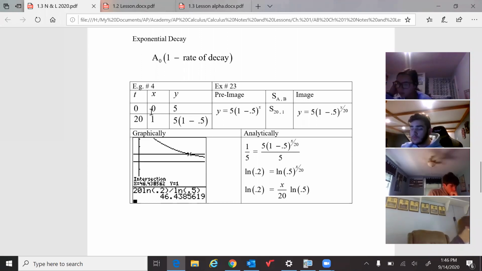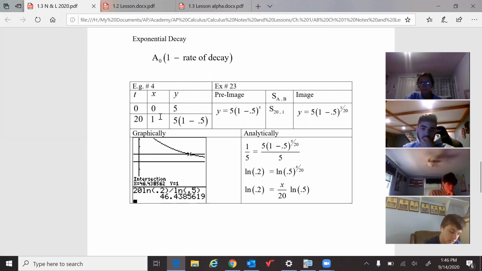Time 0, you have 5 units. At time 1, you have the 5 units times a half, because you have half as much. But instead of writing just 1/2, I wrote 1 subtract 0.5 to contrast it with exponential growth. We don't want to be taking shortcuts.